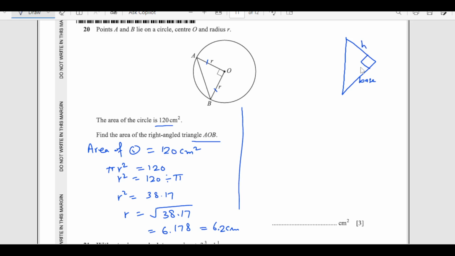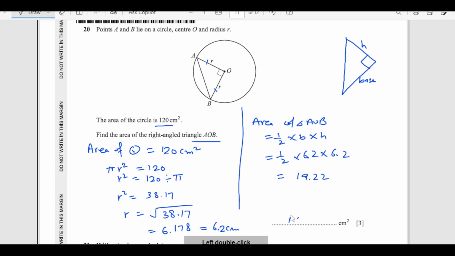Now these two sides are equal, so we got this r as 6.2. Area of triangle AOB is half times base times height. So half times base is 6.2, height is also 6.2, which is 19.22. To three significant figures, 19.2 only.